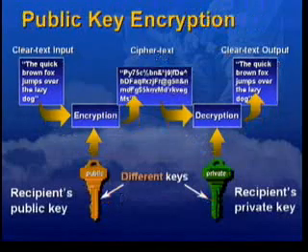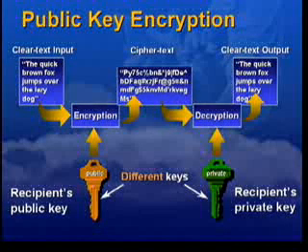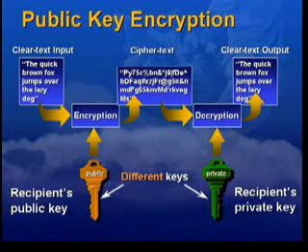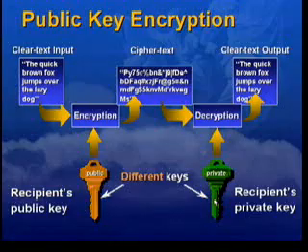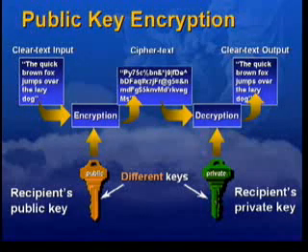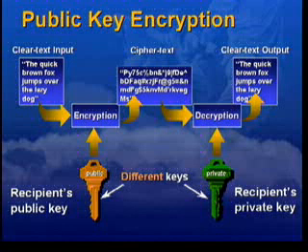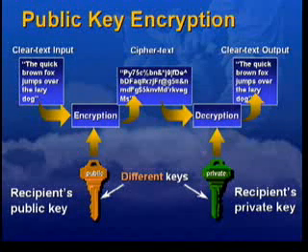So here is an example of public key encryption. Note here that you have different keys. You have a public key and a private key. And let's say Joe wants to receive email that is encrypted. So Joe generates this set of keys, and the private key, he keeps it in a safe place.